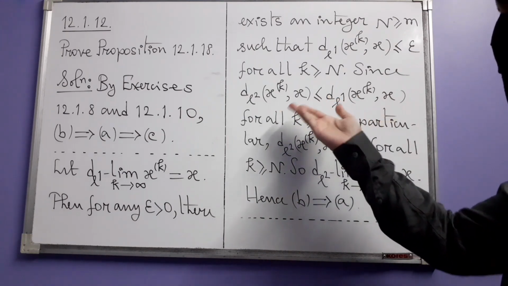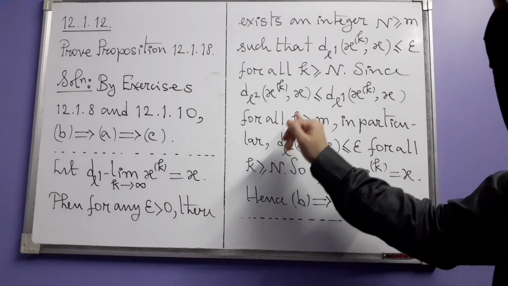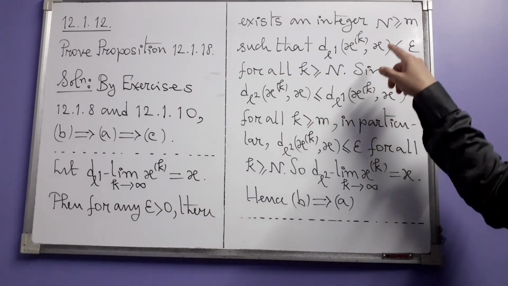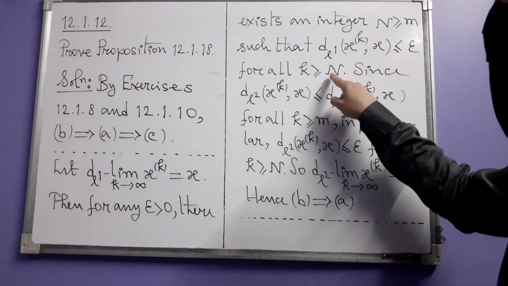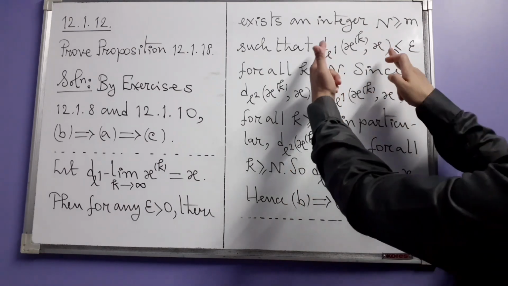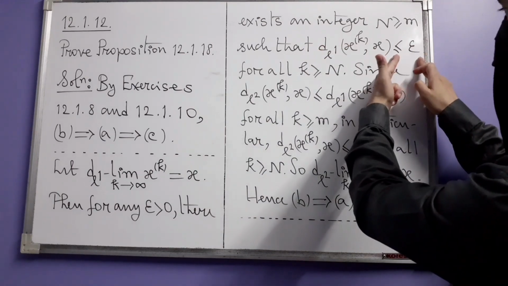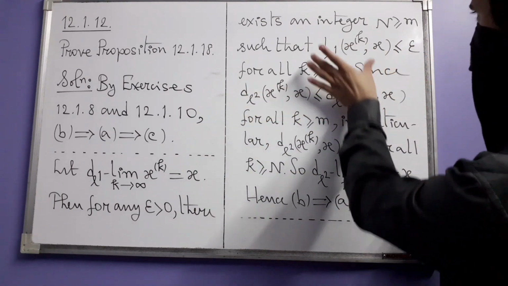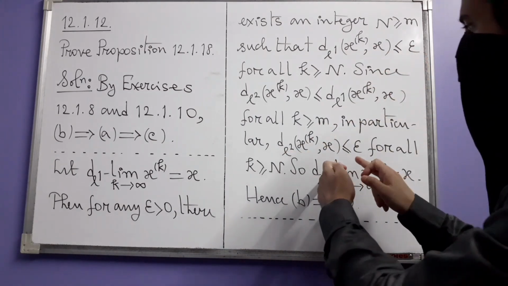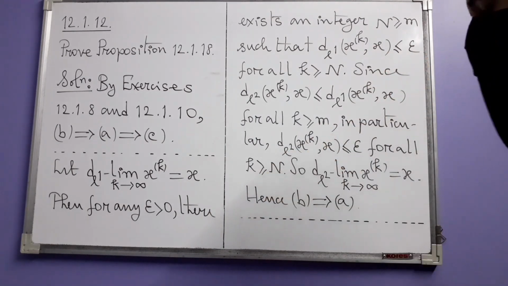And actually this is true always. So this will happen for all possible cases, but in particular for those k greater than or equal to n also. So if the dl1 distance is less than or equal to epsilon and dl2 is less than or equal to dl1, automatically dl2 would be less than or equal to epsilon for all k greater than or equal to n.